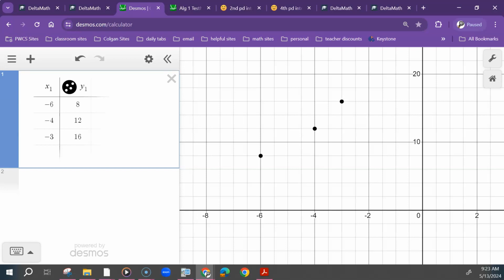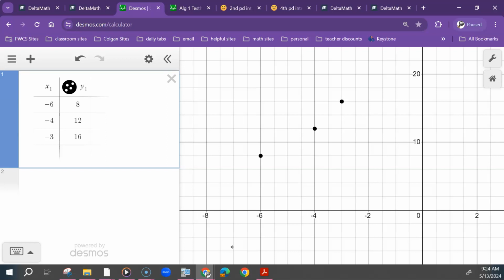And it looks like it might be a line, but it doesn't go through the origin, so I'm thinking maybe neither, or it's slightly making a curve, so it could be inverse. So then I have to check the k values.